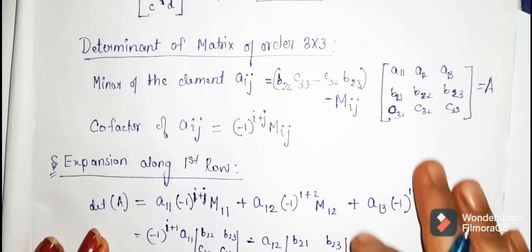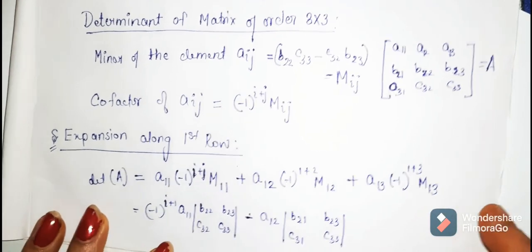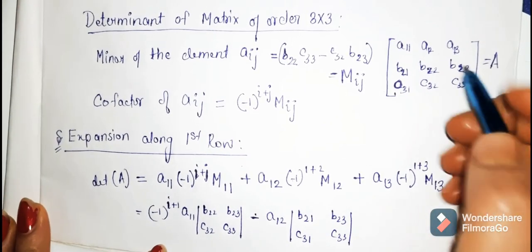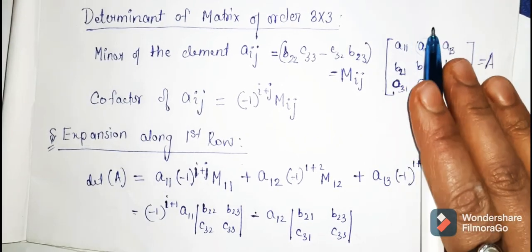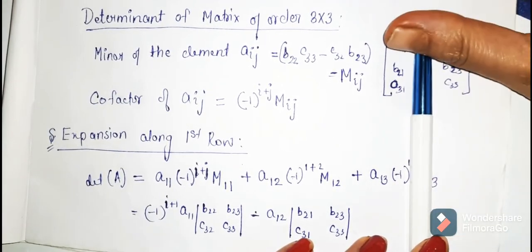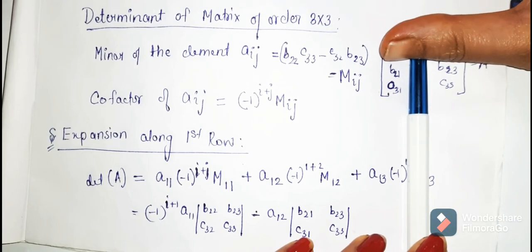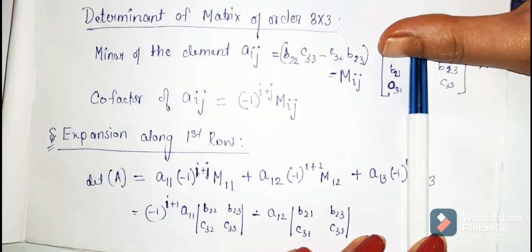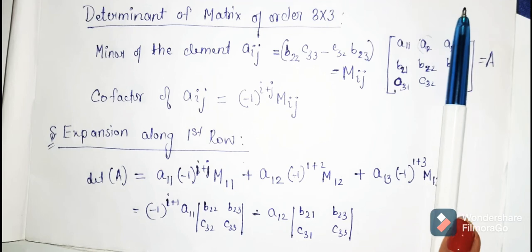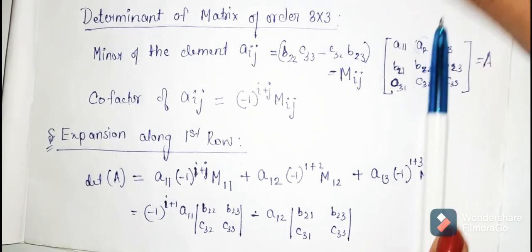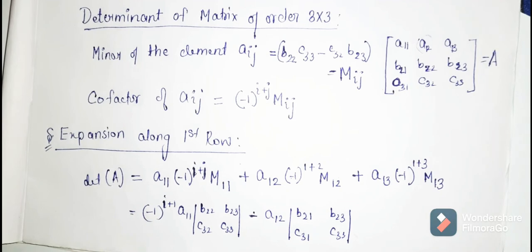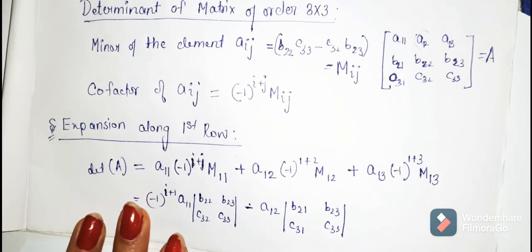How do we write M12? For this element you have to omit its row and column, and the remaining elements are these. For the third one you have to omit this row and this column. This is because you are expanding along the first row.